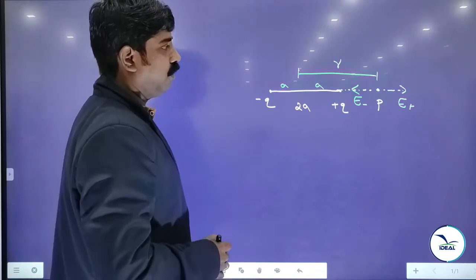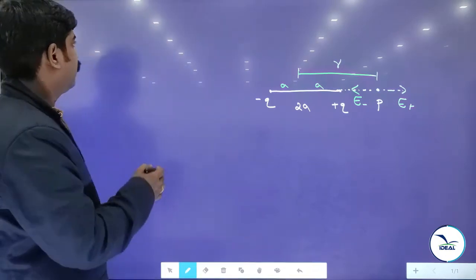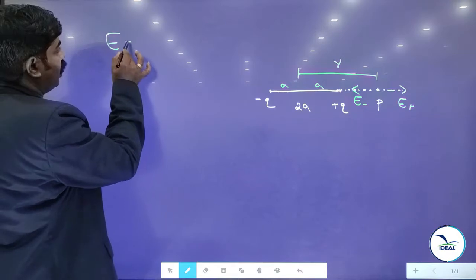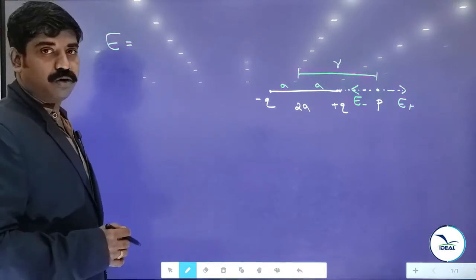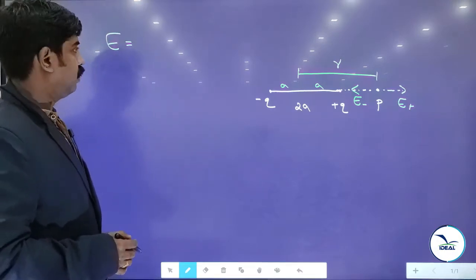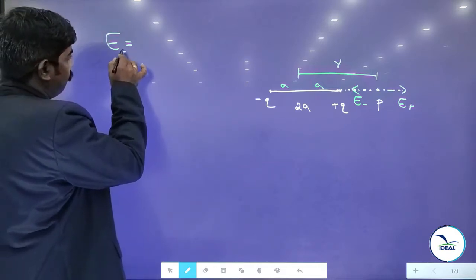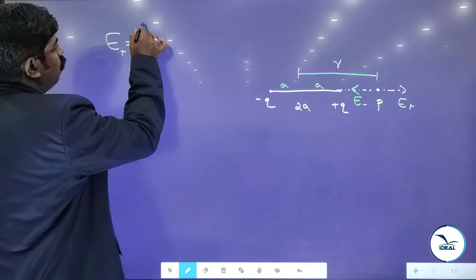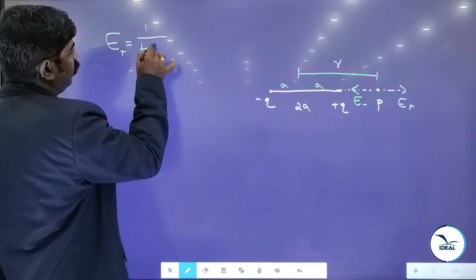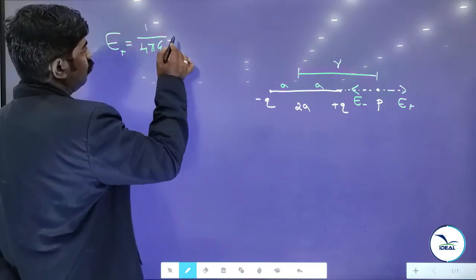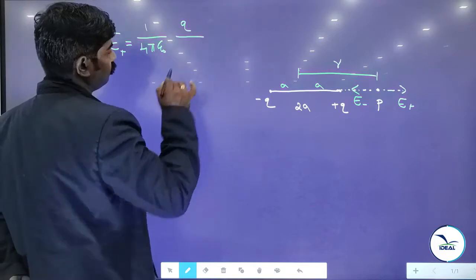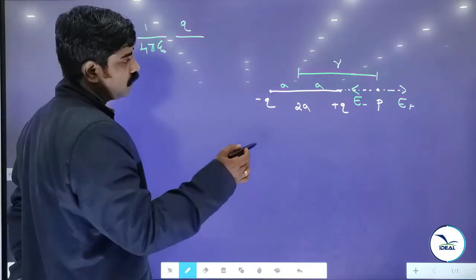By the definition of electric field, we know that E is equal to 1 by 4 pi epsilon 0 q by r square. So E plus is equal to 1 by 4 pi epsilon 0 q by r square.